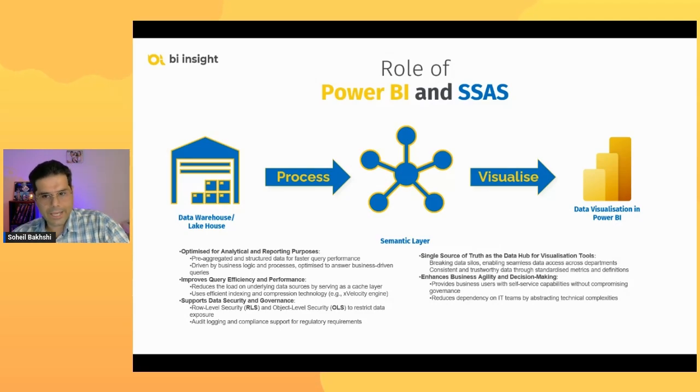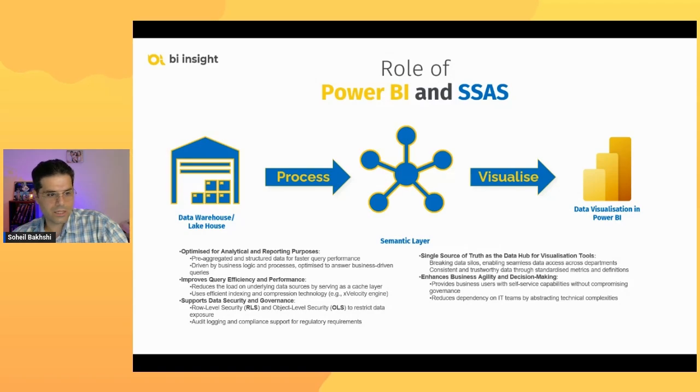I can connect to a single semantic layer from multiple different reports for different purposes, for different departments in the organization, asking various sorts of questions, querying the semantic layer, and so on, enhancing business agility and decision making. I would stop here before I jump to the next one, which is the challenges of large data models.